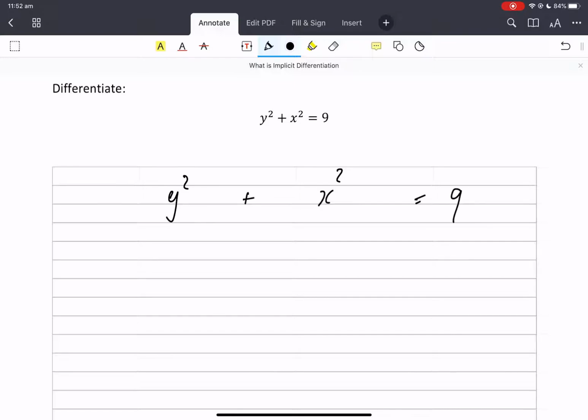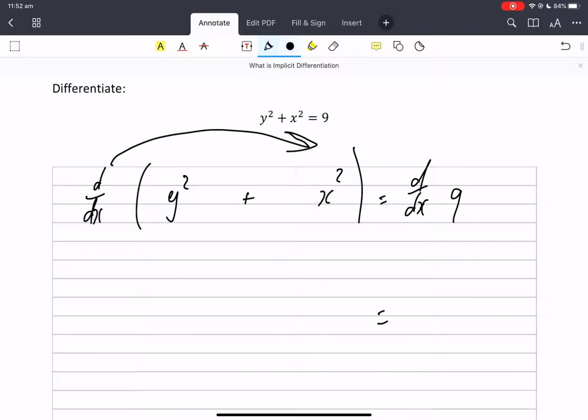So that means when we see this one, we don't need to worry. So we're going to differentiate with respect to x the whole side. We're going to apply the linear rule of differential calculus and go, well, we're going to do that.